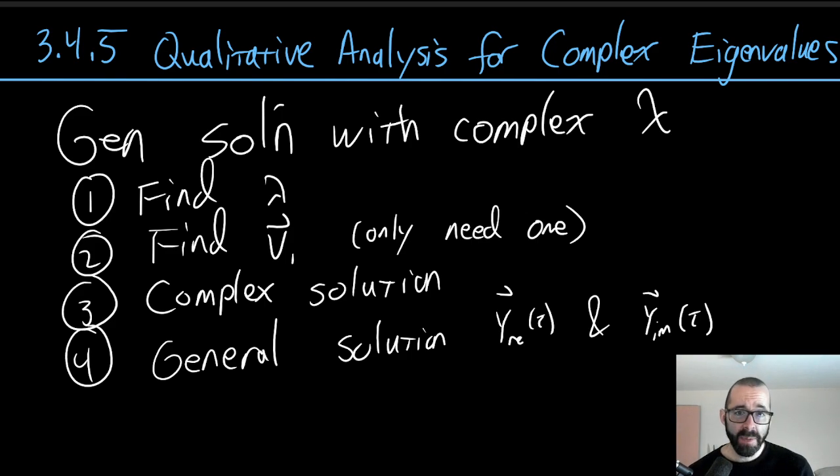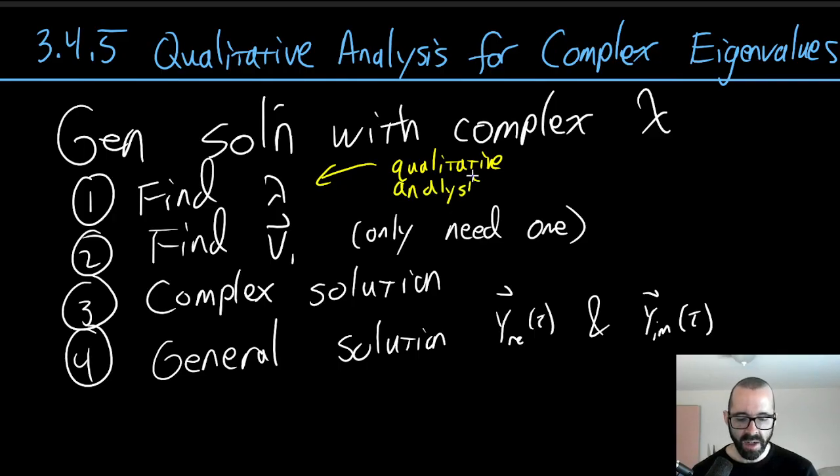Okay, so this can be a lot, especially if you're not super strong with complex numbers. We can save ourselves a lot of work because we can do a ton of qualitative analysis just with lambda.